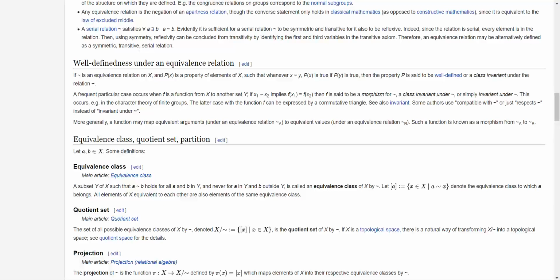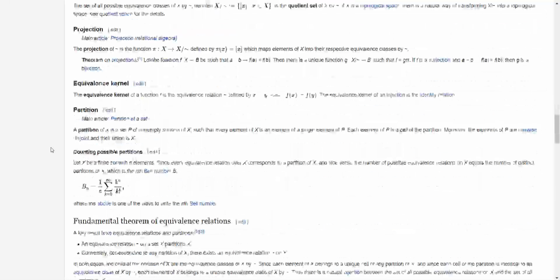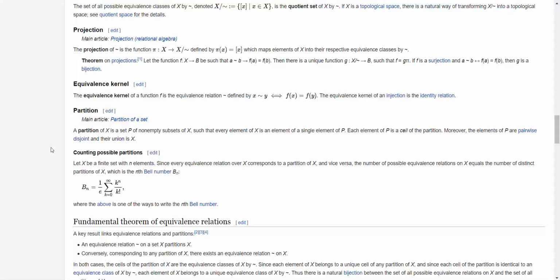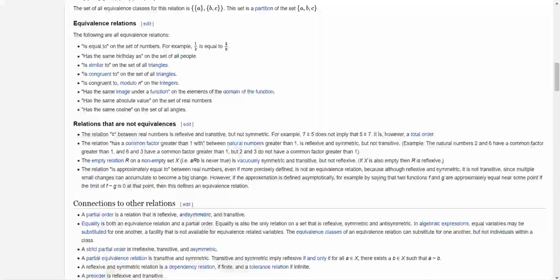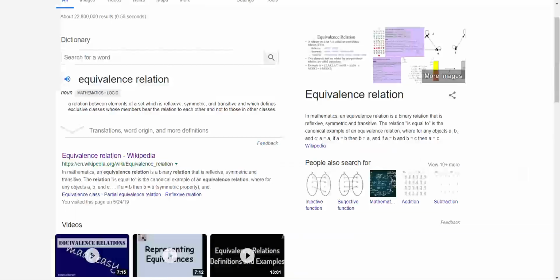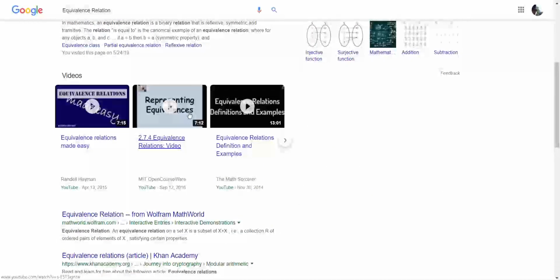But the only part we're missing is, what is it? What does it mean? I think we should explore further. Try to find a good source that really explains this. Maybe we could opt for a YouTube video.